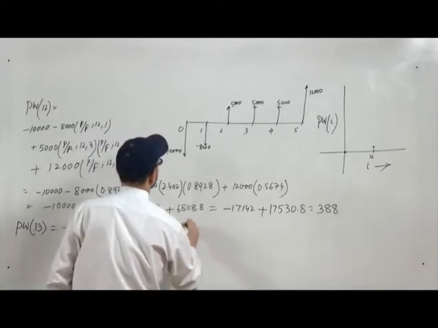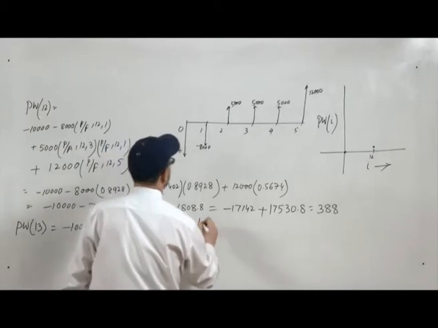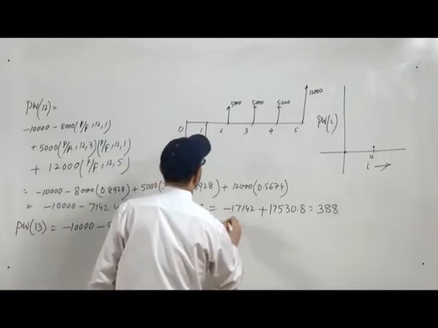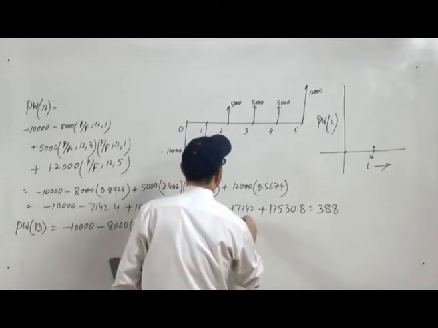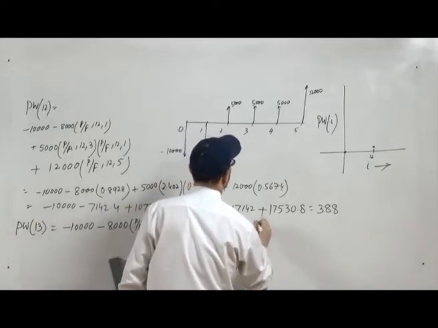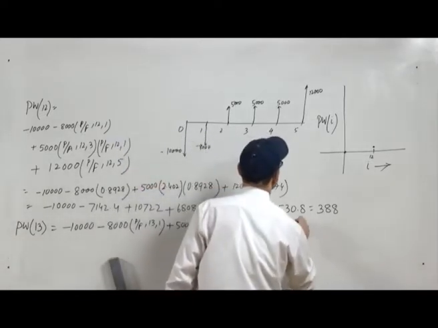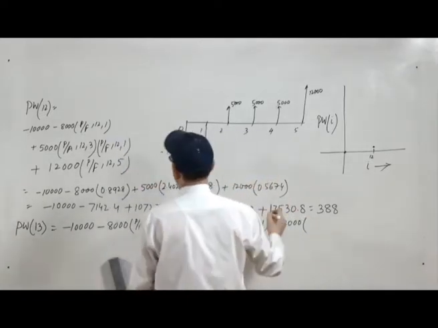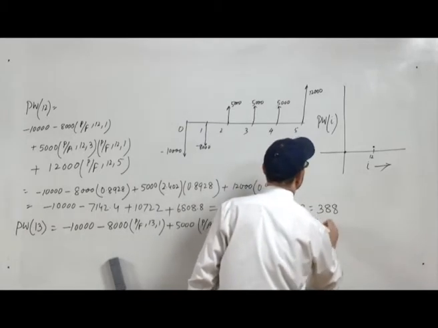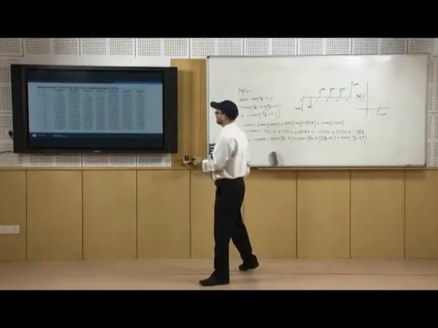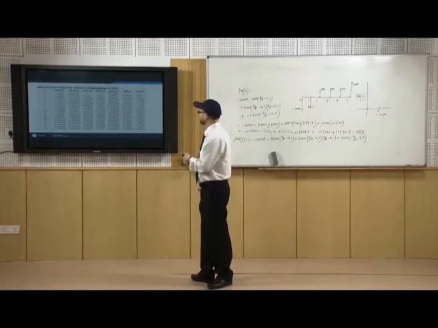plus 5,000 P by A 13,3 P by F 13,1 plus 12,000 P by F 13,5. Now, again we have to see the interest table of 13%.